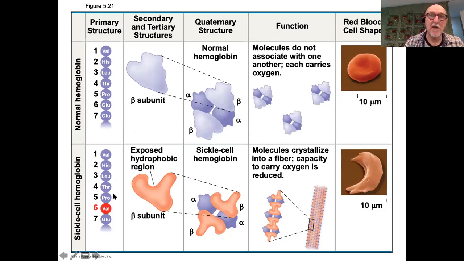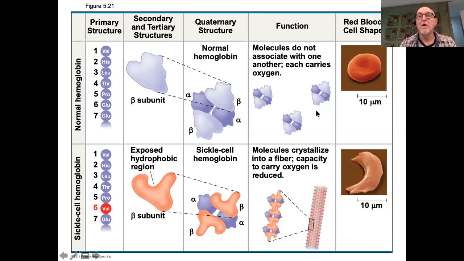And it was a change in the DNA which changed one single amino acid. And here it is here. We have glutamine changed here to valine. And that produces a very profound change in the function of hemoglobin.